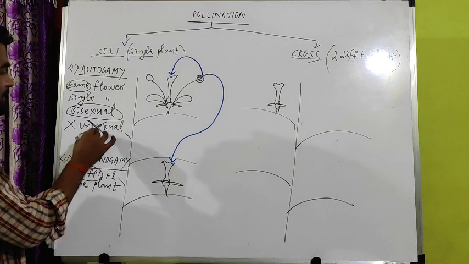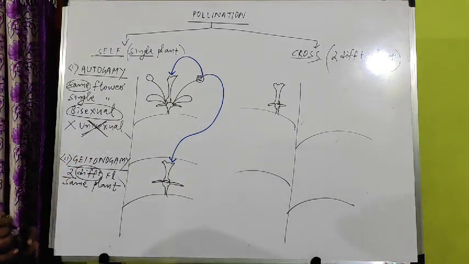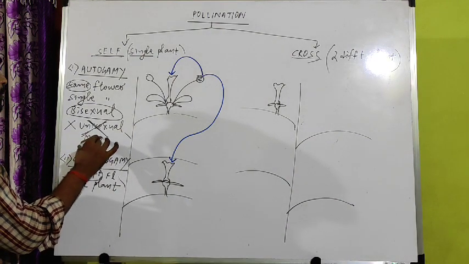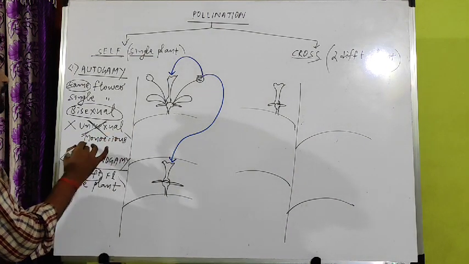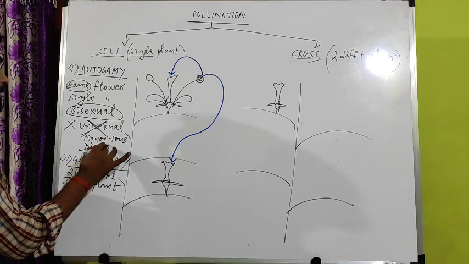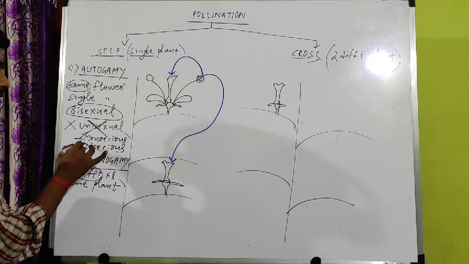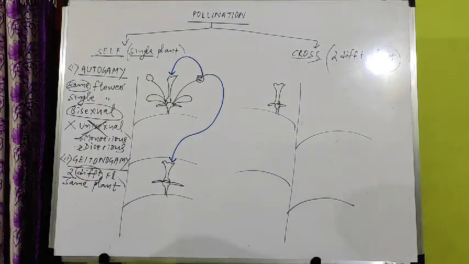As it cannot take place in unisexual flowers, monoecious and dioecious plants also cannot show this type of pollination. What monoecious and dioecious are, we have already discussed: monoecious, unisexual flowers present in the same plant; dioecious, unisexual flowers found in separate plants.